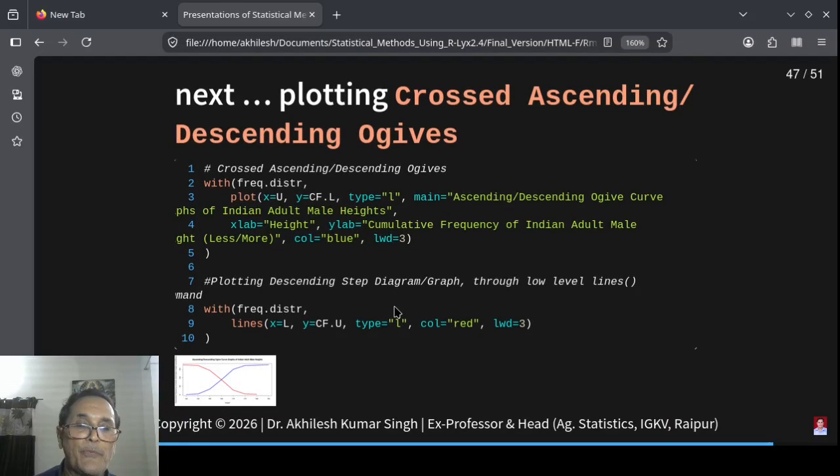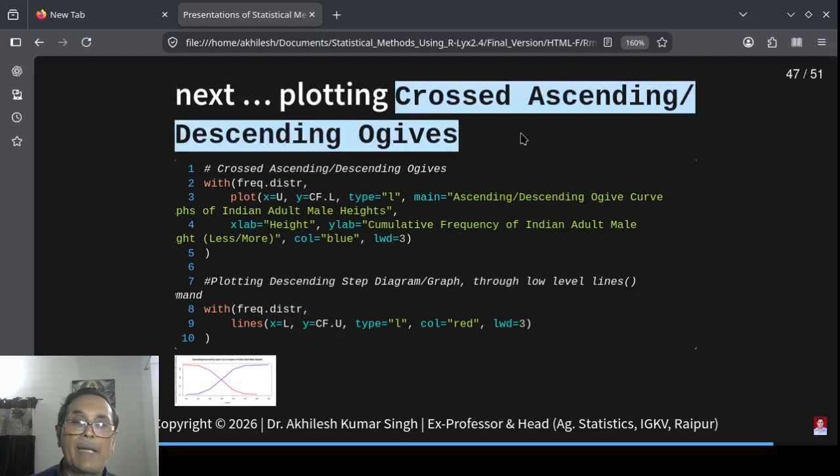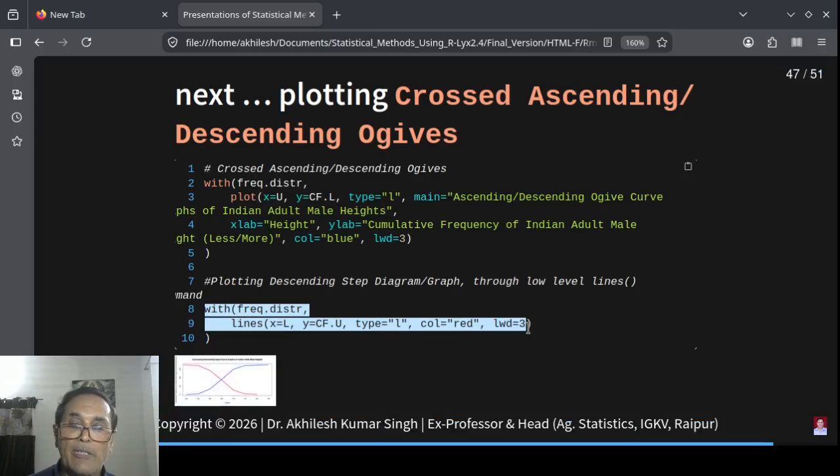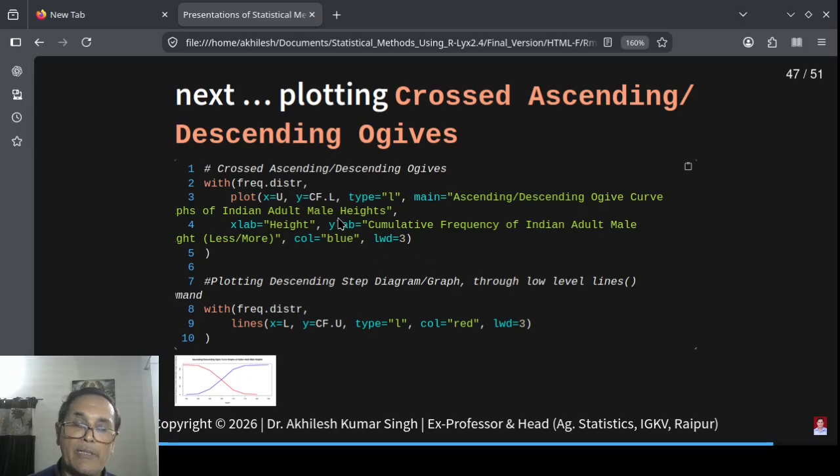Here, now we will plot the ascending and descending together. So what we do with the frequency distribution is we first plot the ascending one, and the other one we plot with the lines. This is the same technique we used for the discrete data type.